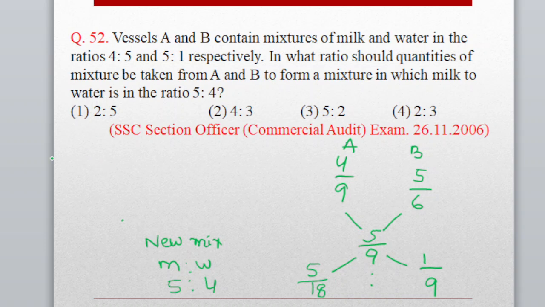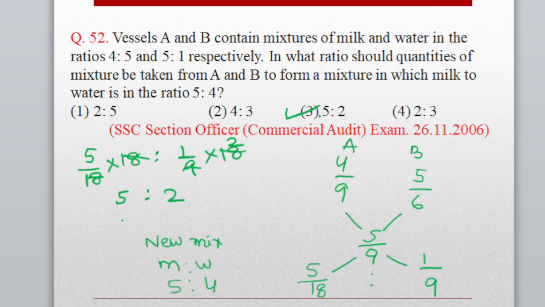So 5/18 into 18 is to 1/9 into 18. Here this 18 cancels this 18, and 9 2s are 18. That means the ratio is 5:2. Here option 3 is the right answer.